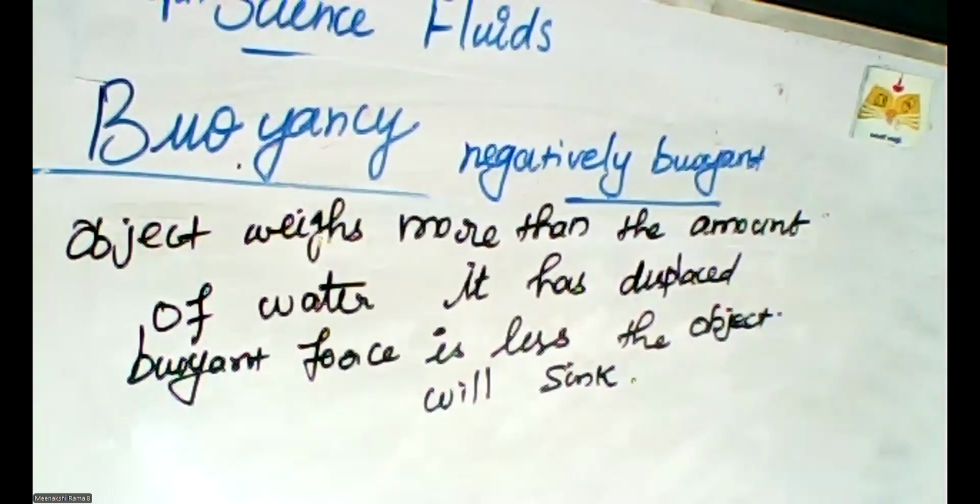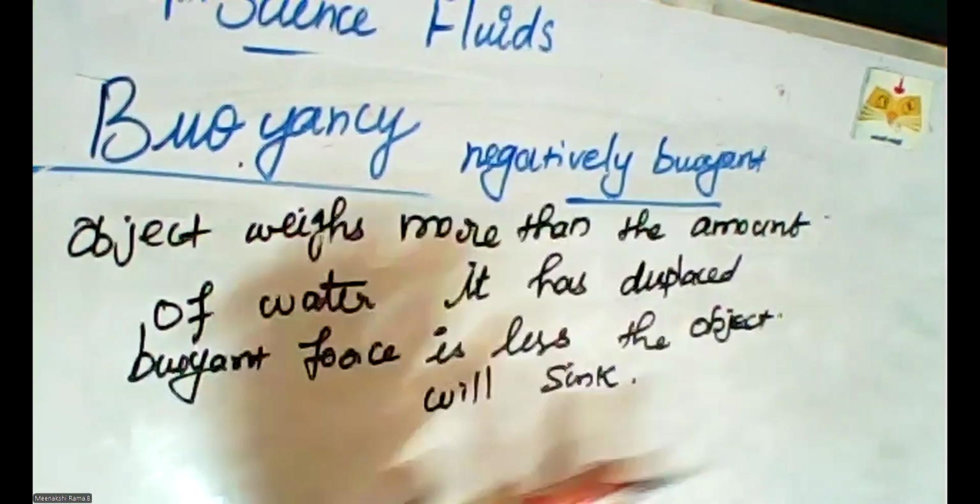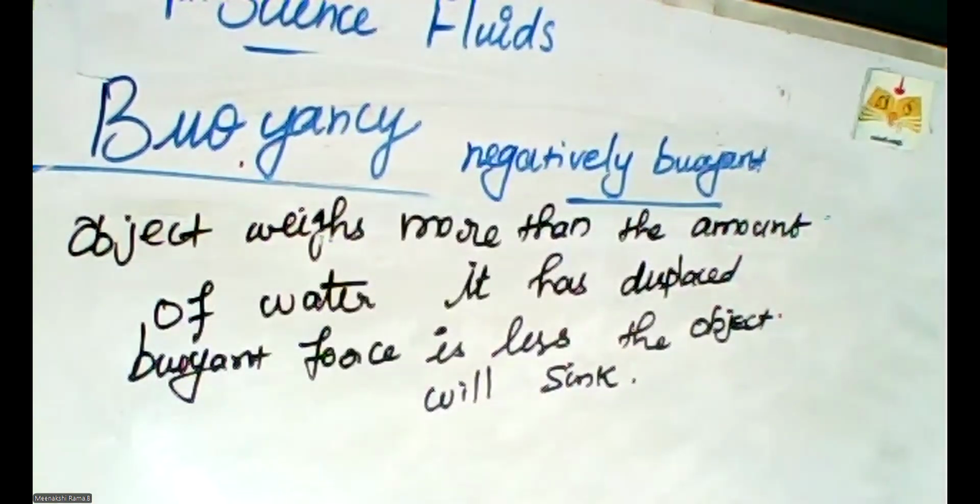What is buoyancy? What is buoyant force? What are the two types of buoyancy? Buoyant force means the pressure is more at the bottom and less at the top of the liquid. The pressure difference produces a force on the object that pushes it upward. That force is called buoyant force, and the concept is called buoyancy.